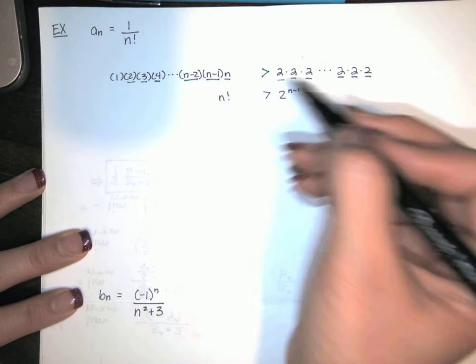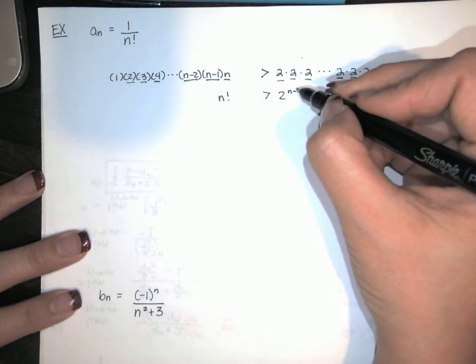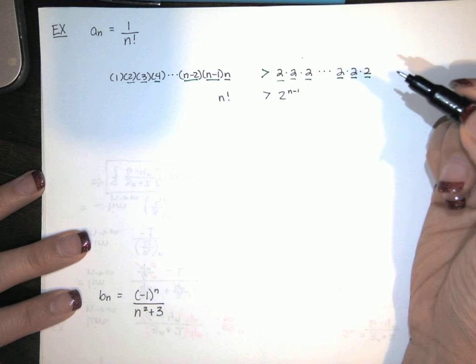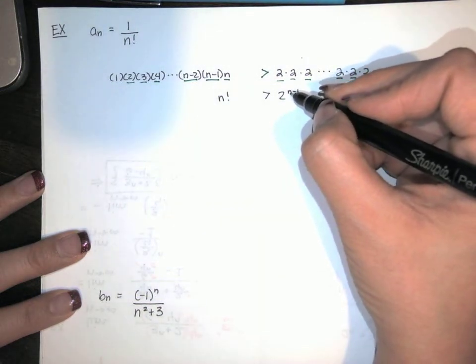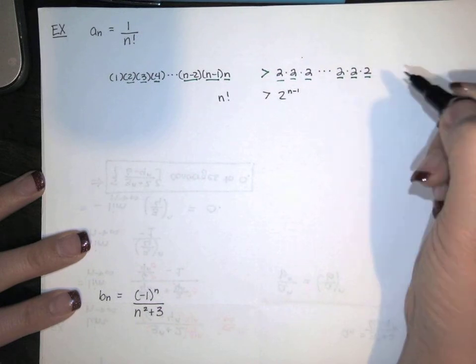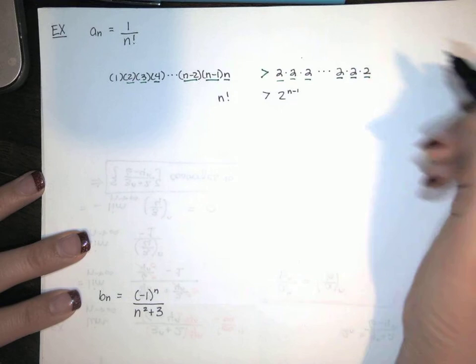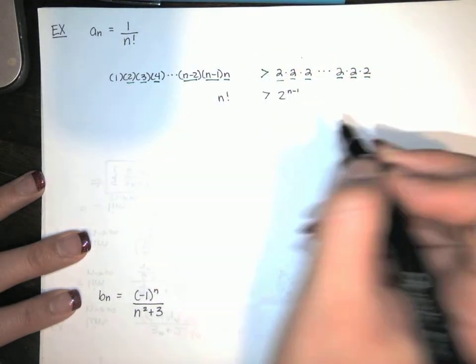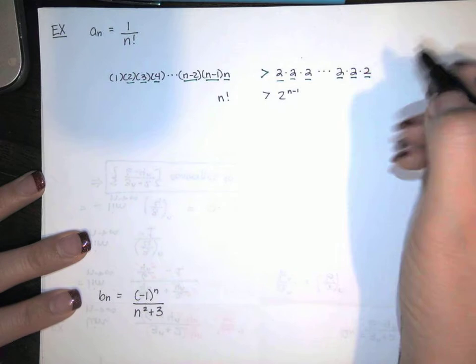And, well, both of these, provided that n is greater than or equal to 1. So if this was n equals 1, we'd get 2 to the 0, which is 1. Well, actually, it doesn't matter what n is. For both of these sides to make sense, n has to be 0 factorial or more.